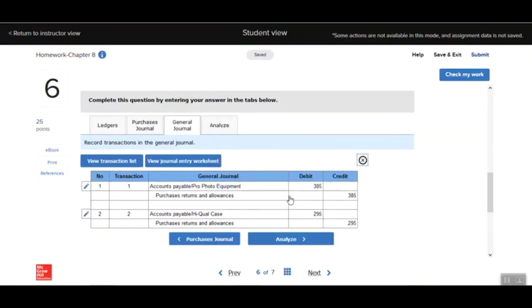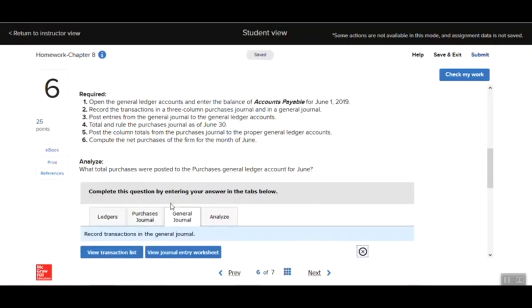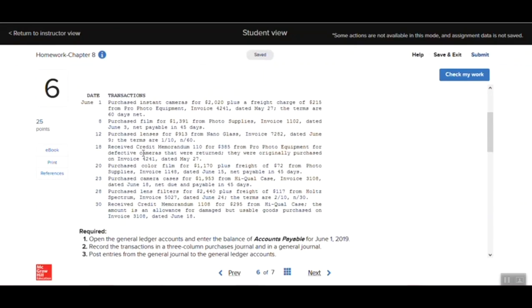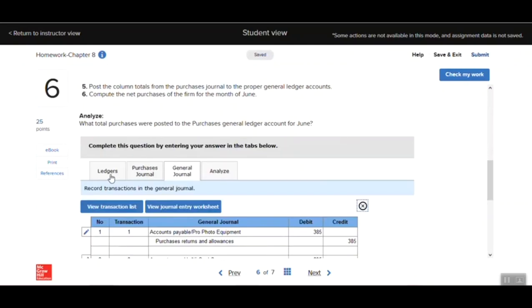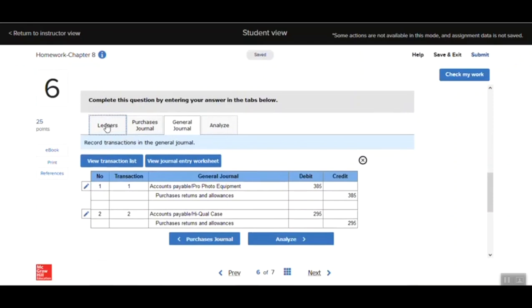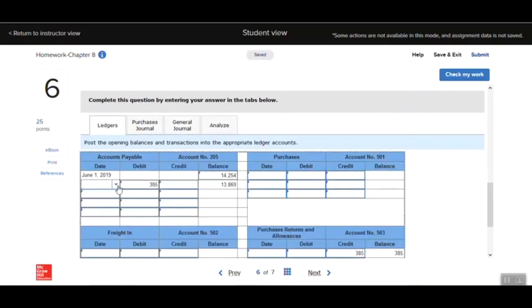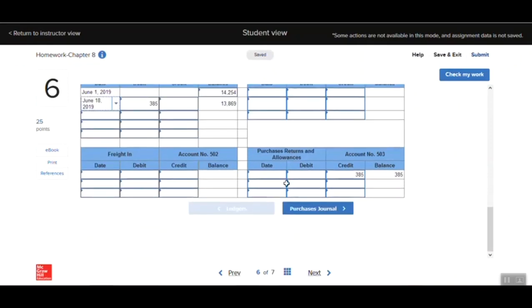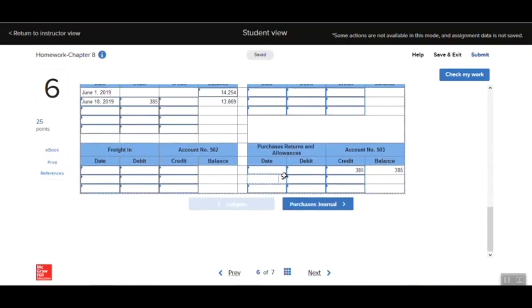Now, if you'll notice in the journal, they did not put a date. So you have to actually go back up to the instructions and find the date again. It looks like it was on June the 18th. Let's see, June the 18th here. And June the 18th for purchase returns and allowances.